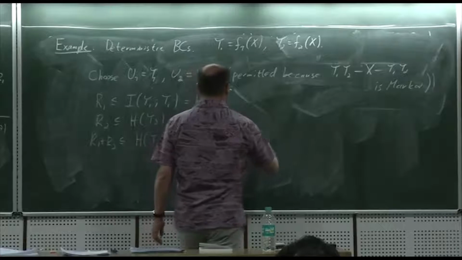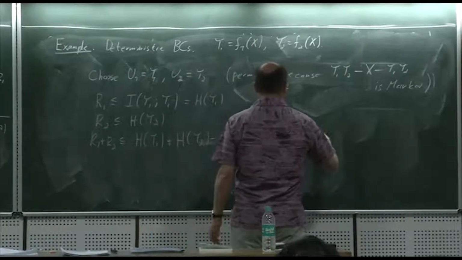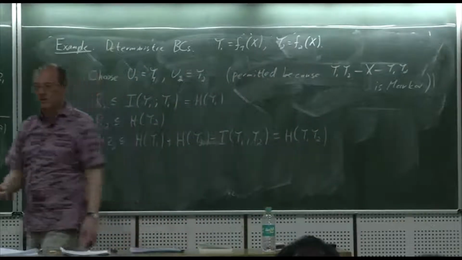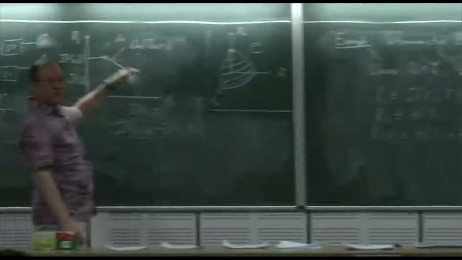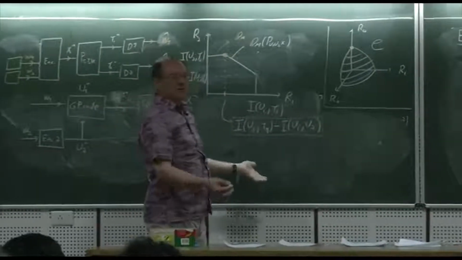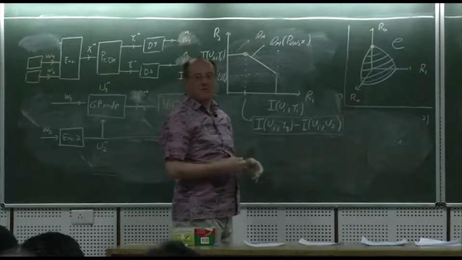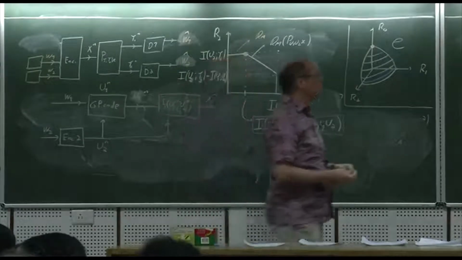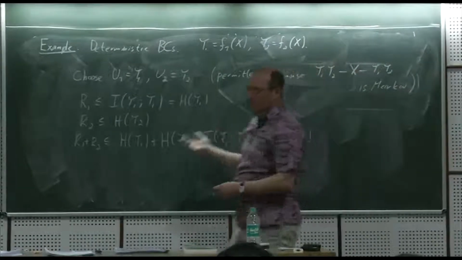And that's just the joint entropy of Y1, Y2. Okay, that's the region. Now we still have to optimize over the joint distributions, and we'll get a curvy region. Turns out this is the capacity region, and it's not too hard to show. It's basically a cut set argument that shows this is the capacity region. So in particular, we can do a cut set argument here.